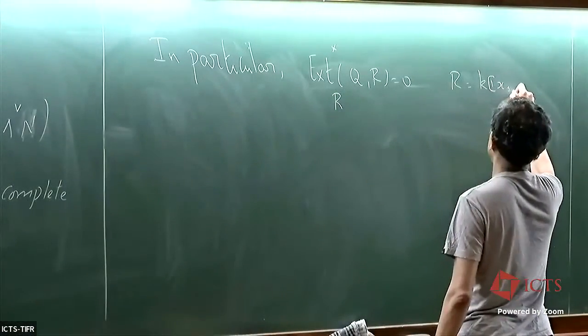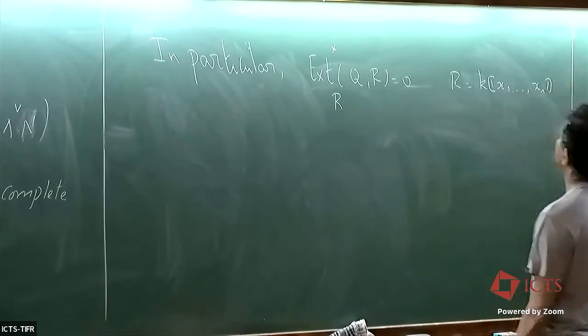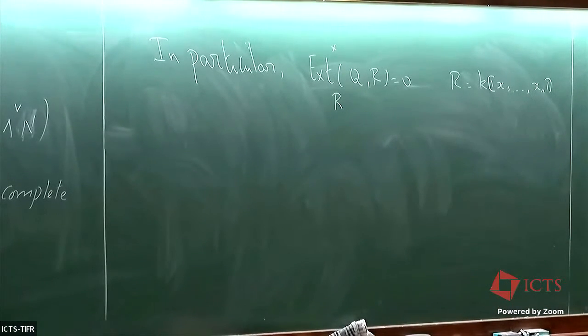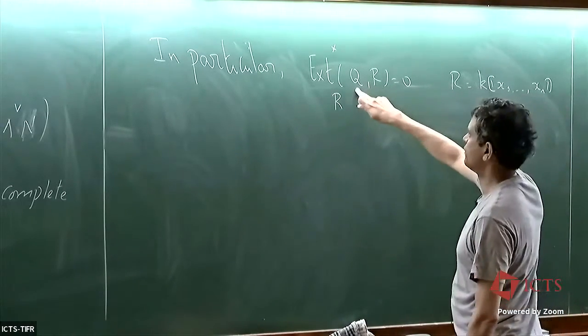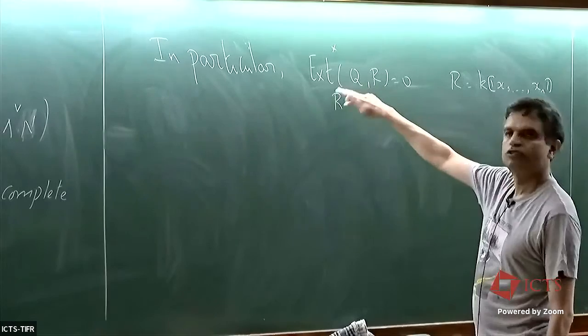Take a power series ring in any number of variables, because R is I-adically complete, where it's complete with respect to its maximal ideal. And this is the field of fractions of R. So this is 0.